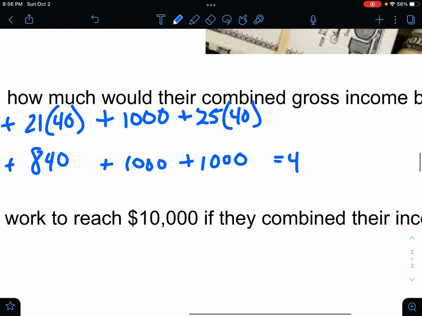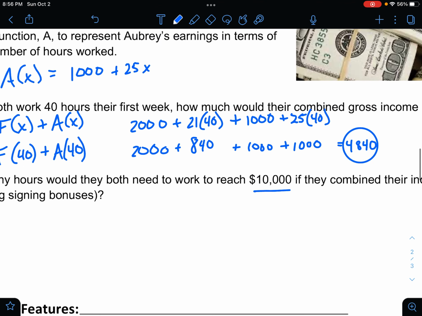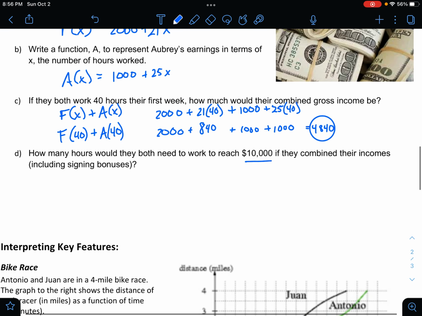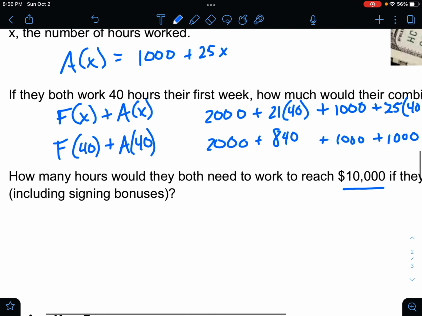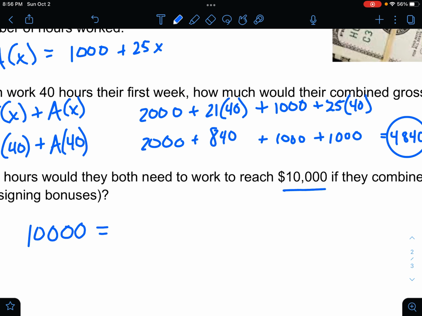So this would be $4,840 their first week combined. That's pretty good. How many hours would they both need to work to reach $10,000 if they combine their income? Okay, so in this case, we don't know how many hours they're working, right? And it could be more than 1 week, of course, but $10,000 equals, in this case, their combined income, right?